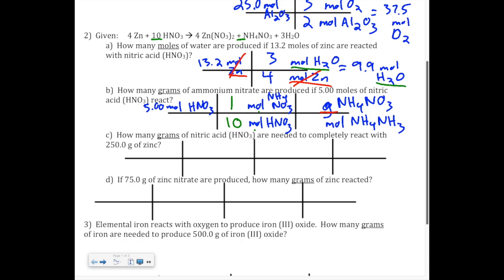And I end up with 80 grams per 1 mole. So my math works out that I end up with, and this is really cramped, I'm going to put my answer over here on the left, 40.0 grams of ammonium nitrate. Okay.